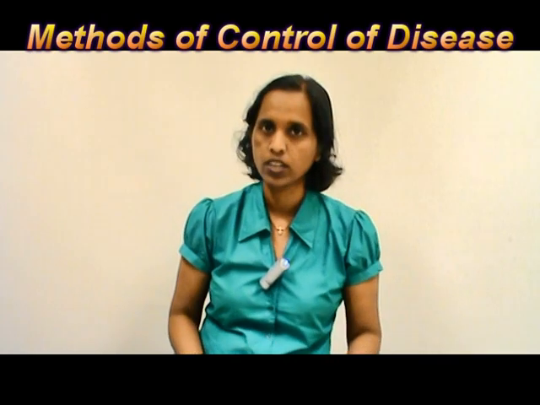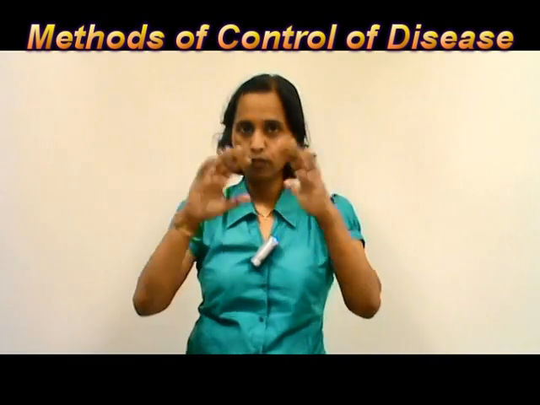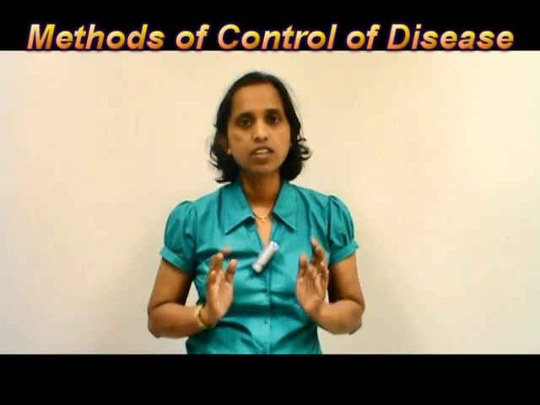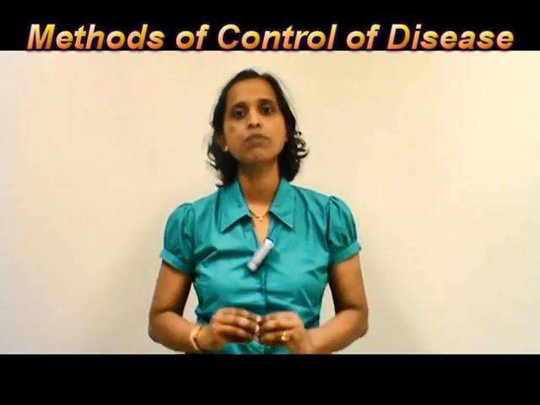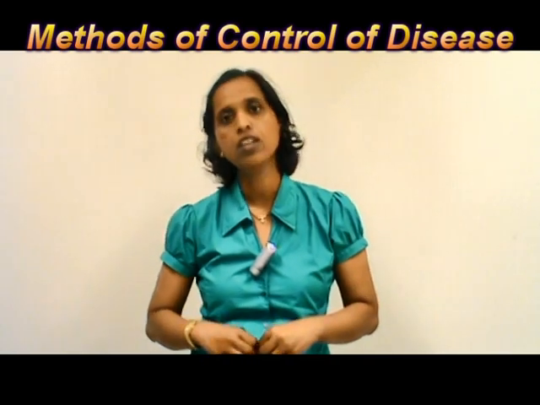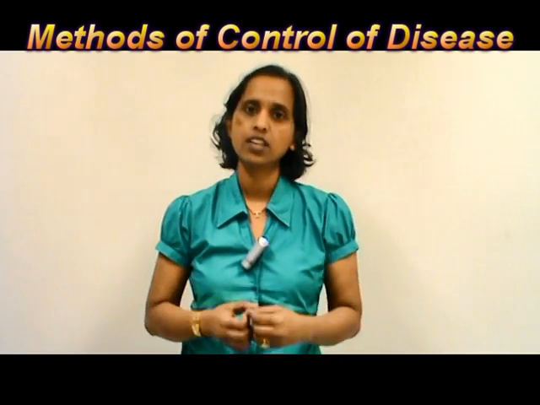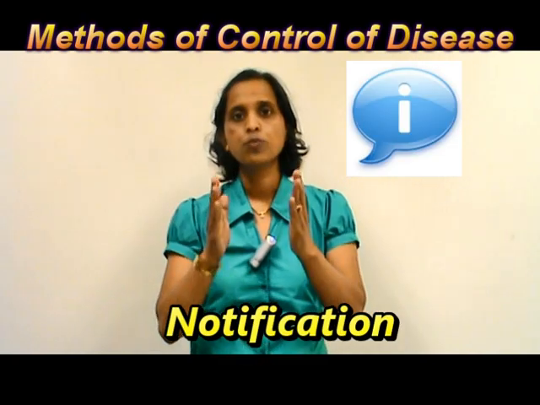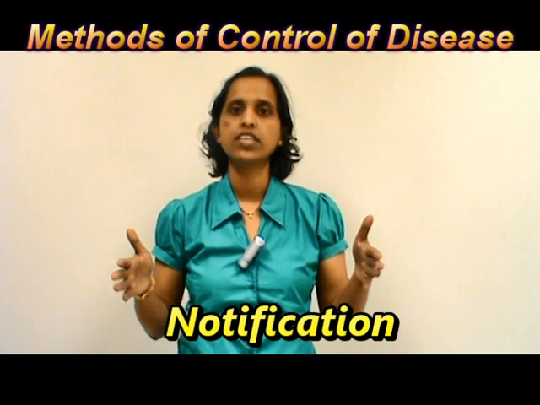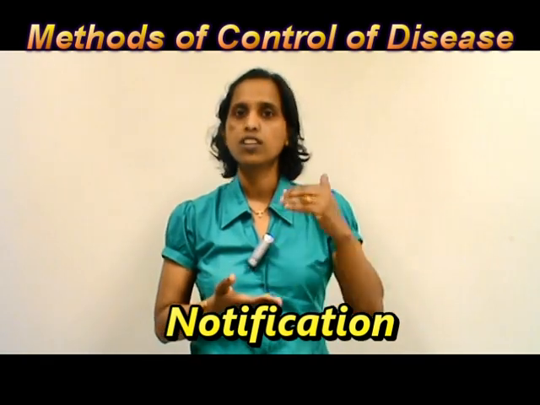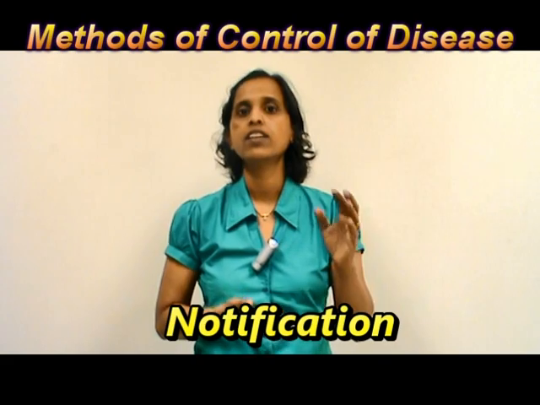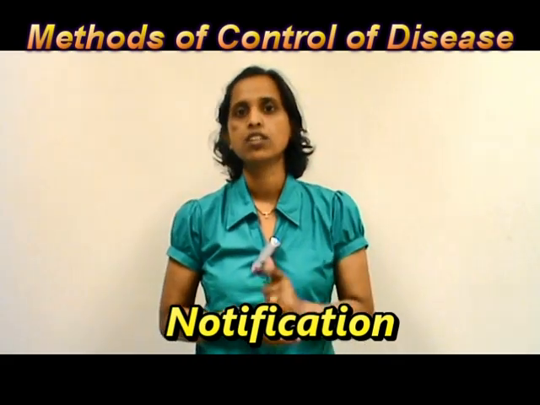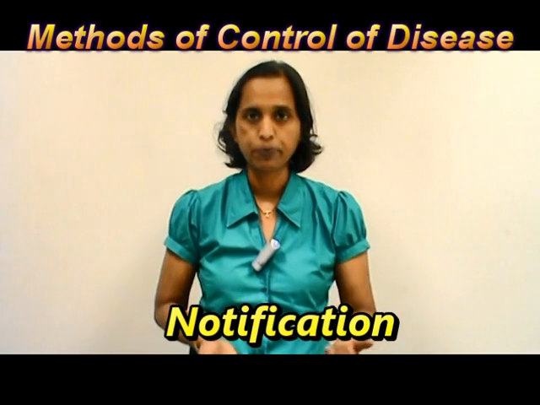achieve disease control. In addition to these, apart from the chain of infection, notification, legislation and surveillance are important steps to be taken as a healthcare professional in order to achieve disease control. Notification means the disease has to be notified from a healthcare facility or from a community to the respective authority in a specified period of time and in the particular manner in which it is supposed to be done.